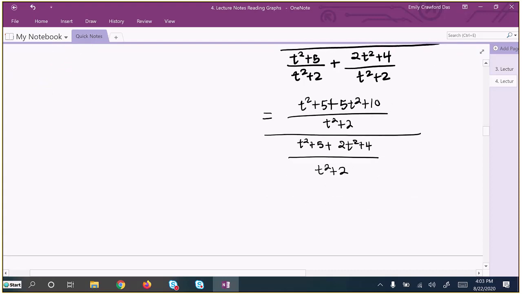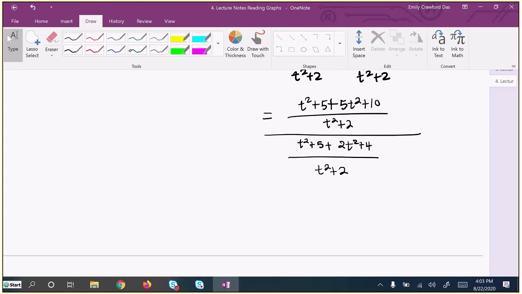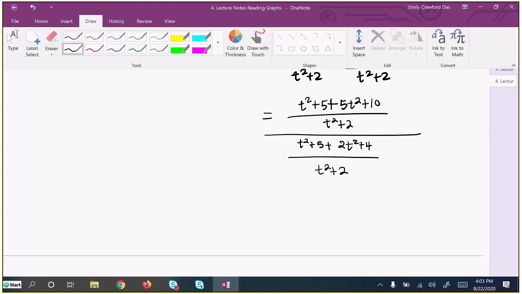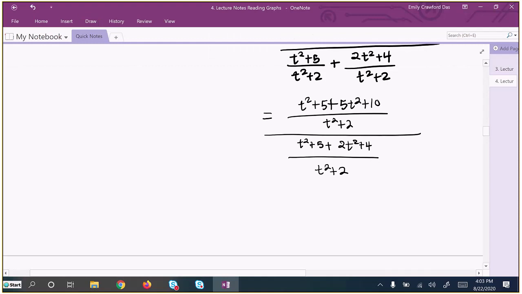Let's see if we can simplify this a little bit by combining like terms. On the top of the top, I can combine t squared and 5t squared, so that's 6t squared. And I can add 5 and 10. So this becomes (6t squared plus 10) over (t squared plus 2).